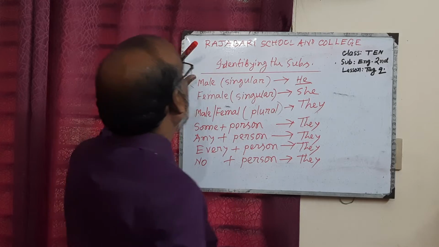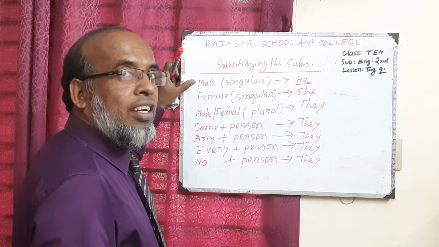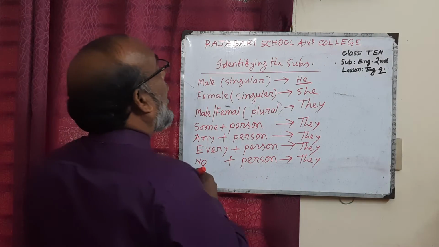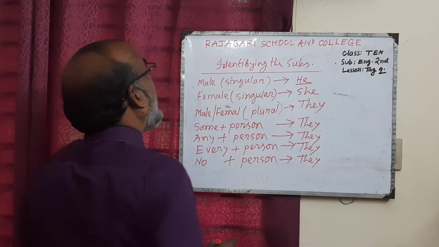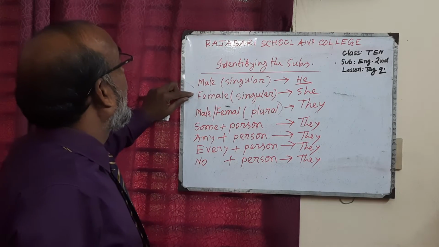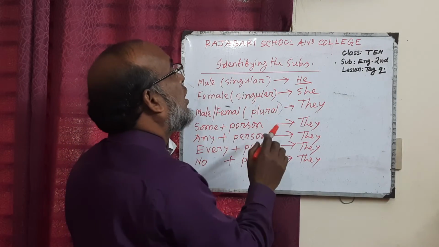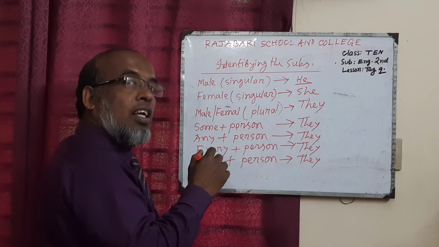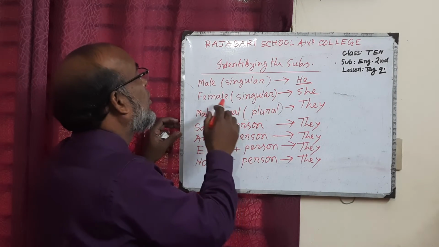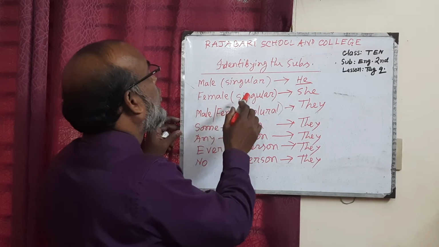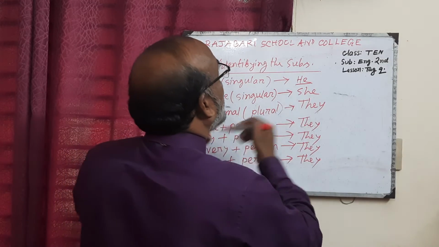For example, Rafiq, Shafiq, Rana, Masood. Instead of this, you will use he. And if you see female singular, it will be she. If you see the singular number of a female person, for example, Rina, Bina, Sonia, Sneha, etc., you will use she.